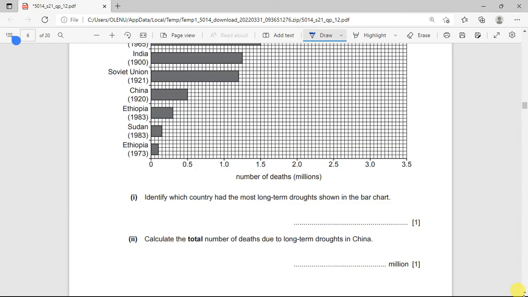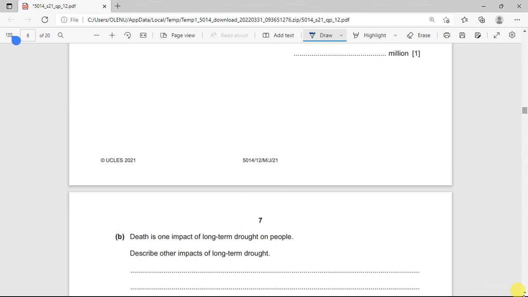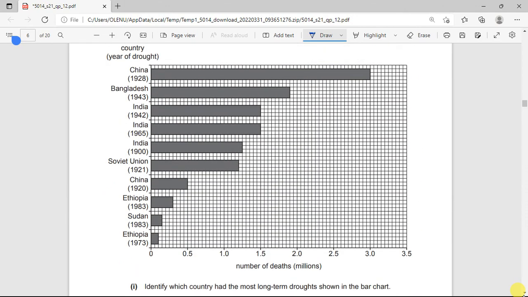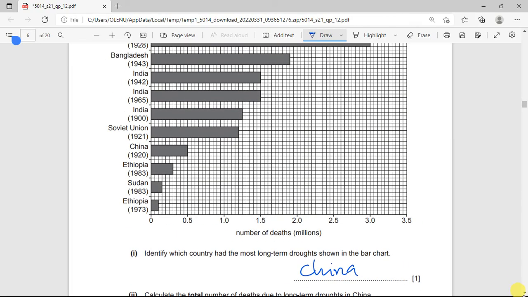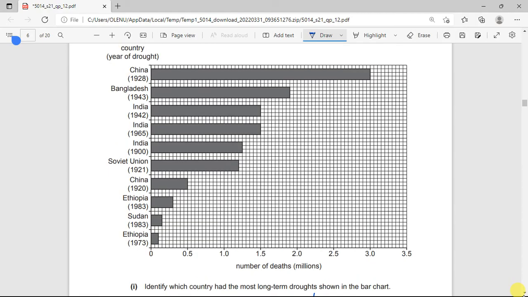Identify which country had the most long-term droughts shown on the graph. I think that's China. Now calculate the total number of deaths caused by long-term drought in China. In China, the drought occurred in these years.